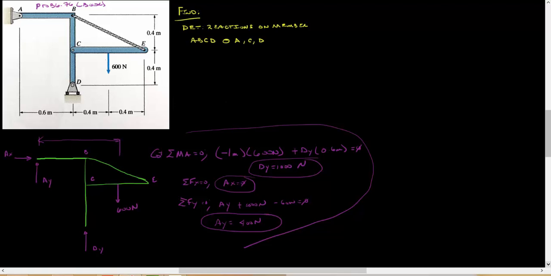Now, let's look at member CE. If I draw my free body diagram of CE, I get CE here. I'm going to have CY, CX. I'm going to have BE here.